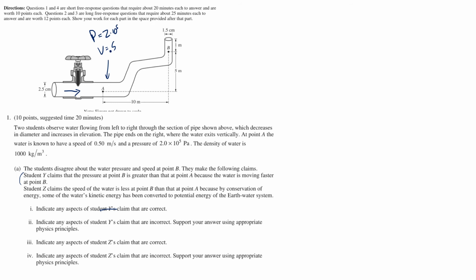So we have a beautiful formula. Hashtag Bernoulli life. So P plus rho g y plus 1/2 rho v squared. Okay, so there's our formula, and there's two halves to this.